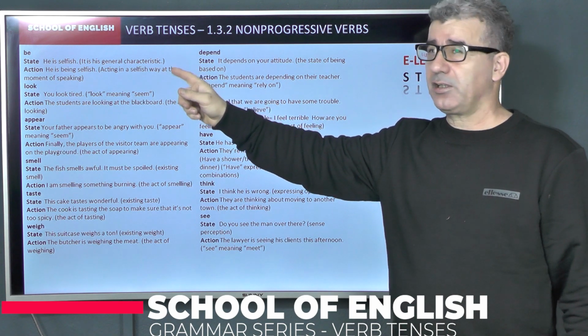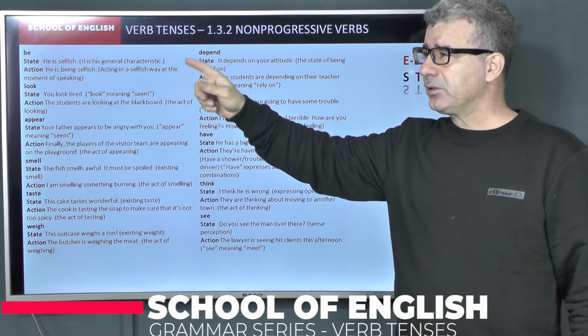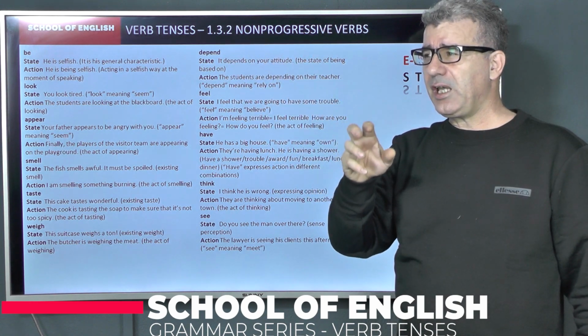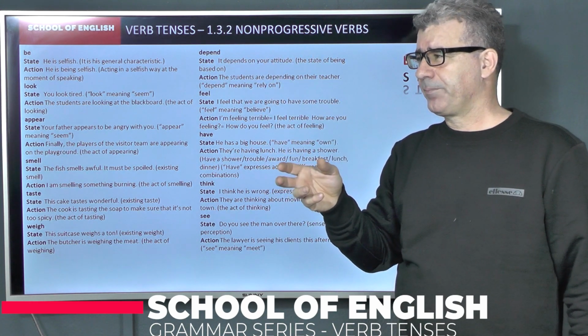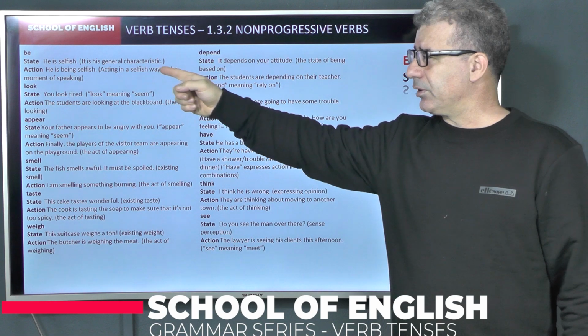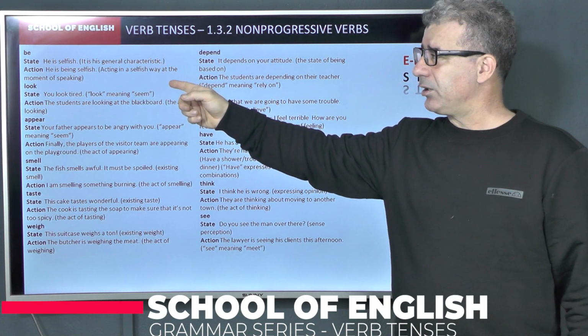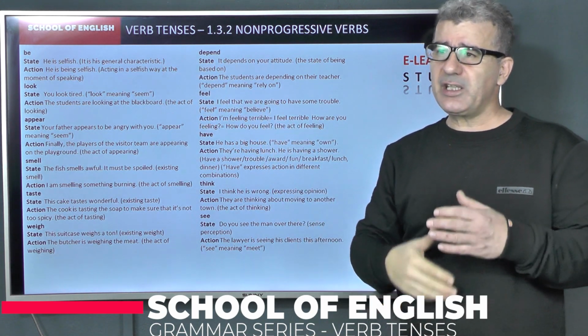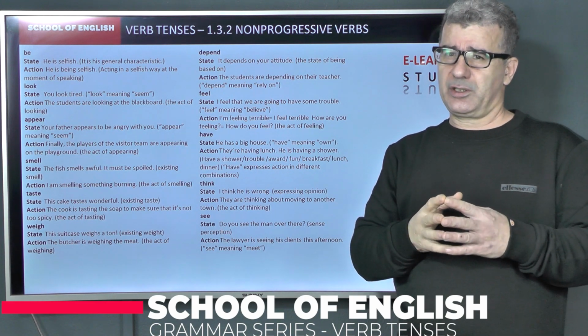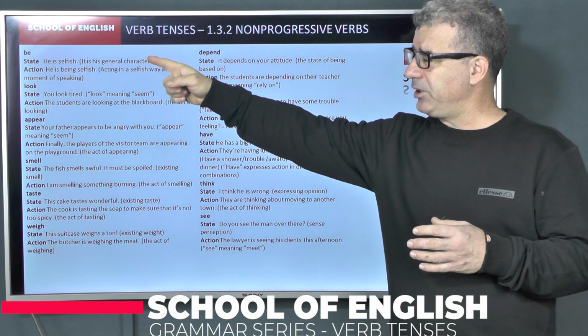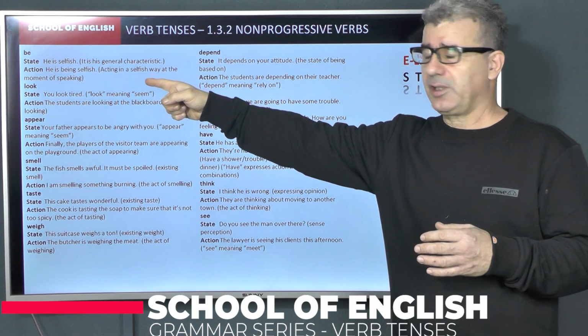He is being selfish. Here, focus on the act of being selfish. Acting in a selfish way. So when we say acting, this is an action. So in this case, be can be used with ing.